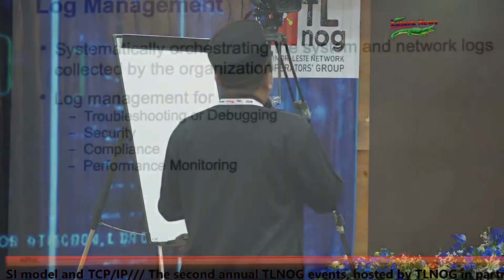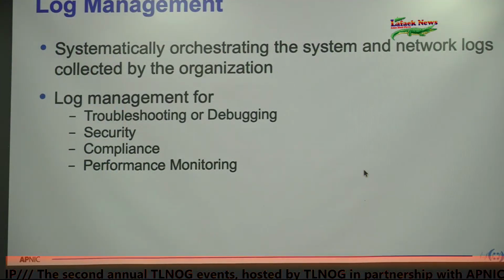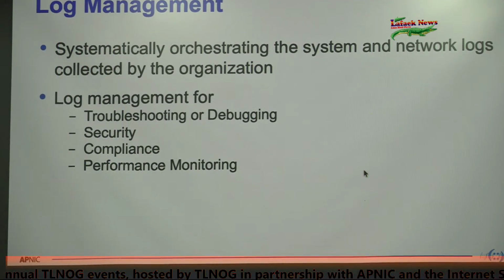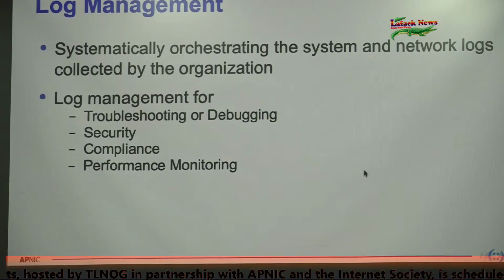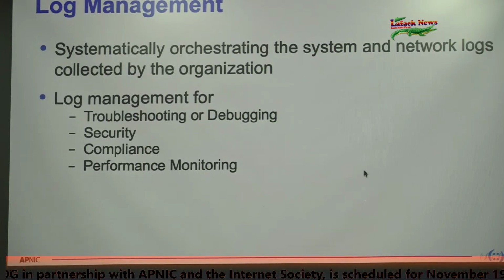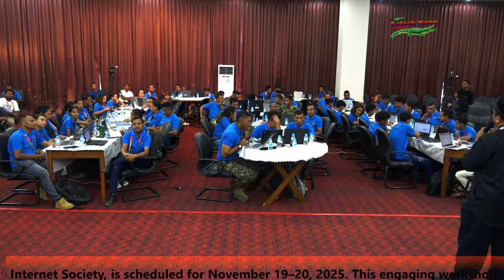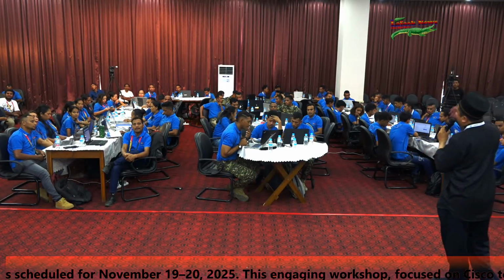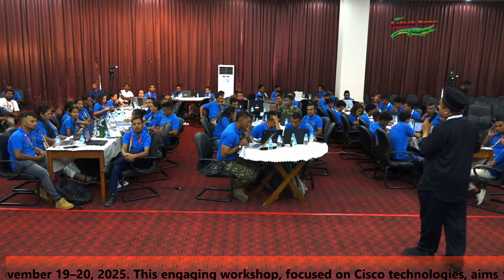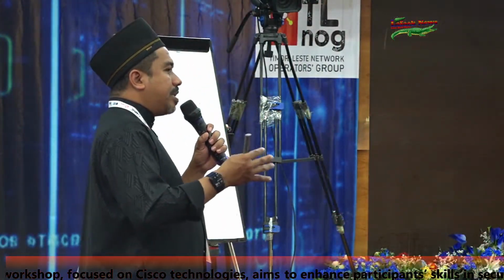So what we are going to do is orchestrate those logs. And everyone also thinks about how these logs will consume a lot of storage, of course, because they will collect all the information from each of your devices, each resource, and you need to find a way to manage them.